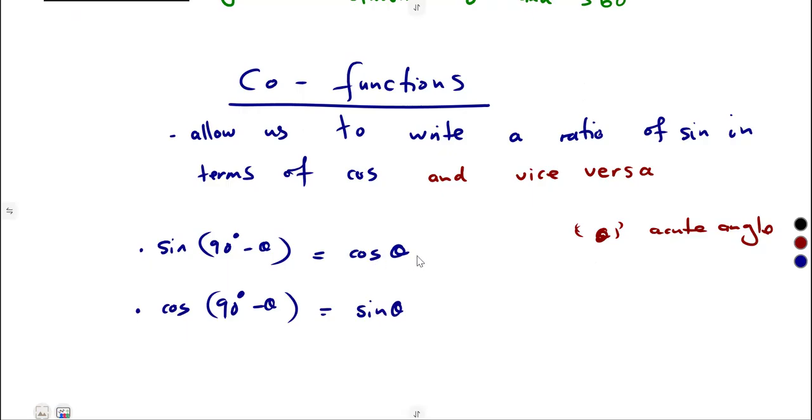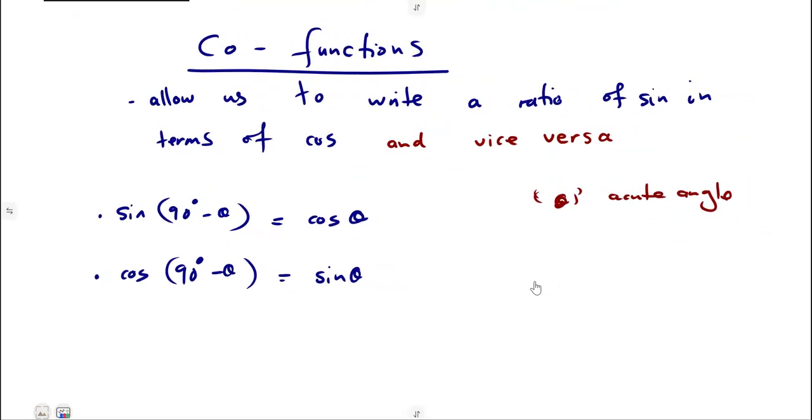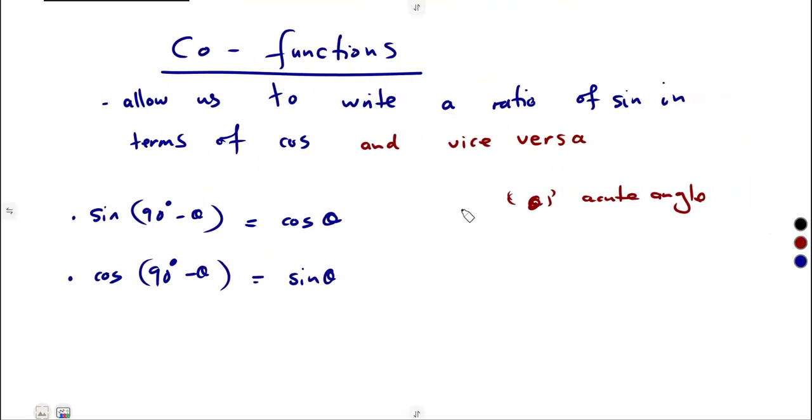But when we add 90 degrees plus theta, it's no longer the concept of complementary, because it's above 90 degrees now.